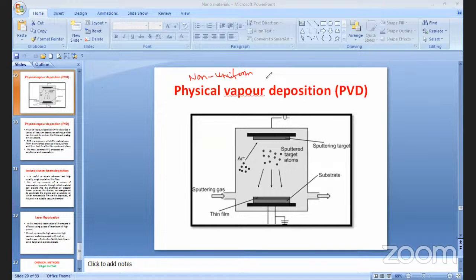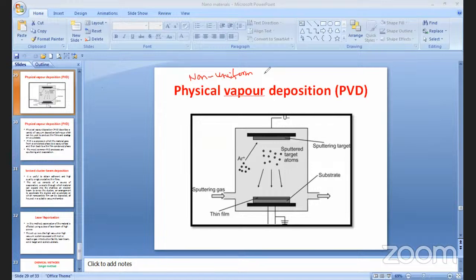As I already told, if you are using any alloys, these alloys have different melting points. So in order to melt those alloys, we are going to face some difficulty. So that is one drawback, and materials with low vapor pressure are also very difficult to evaporate.